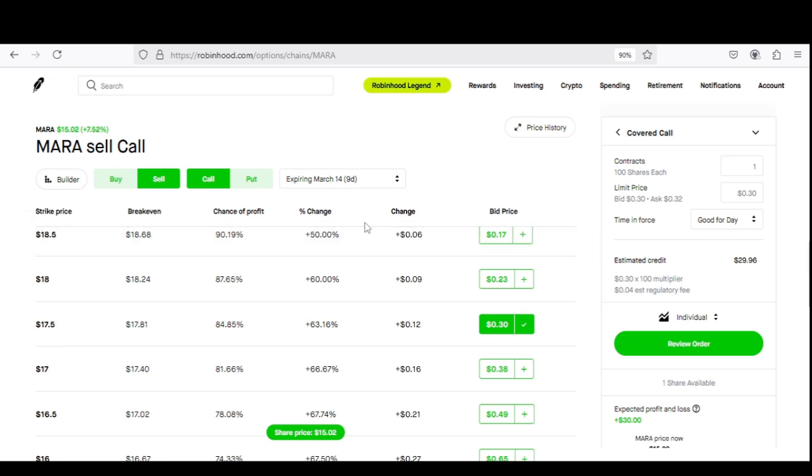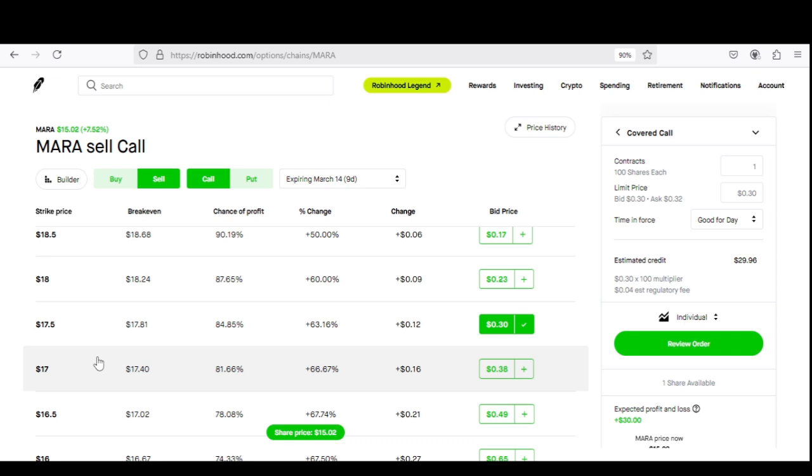Now, come expiration date of March 14th, if Mara is trading at any price at the 17.5 and below, then we get to keep our 100 shares. Remember, we needed those 100 shares to be assigned in order for us to do the covered call option strategy. In order for you to do the covered call option strategy, you must have 100 shares in your portfolio.